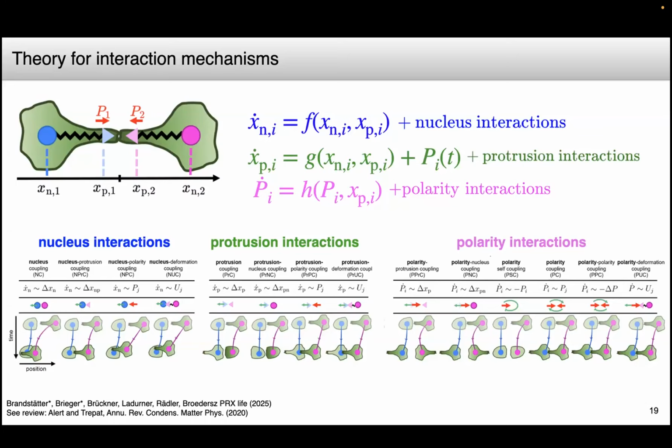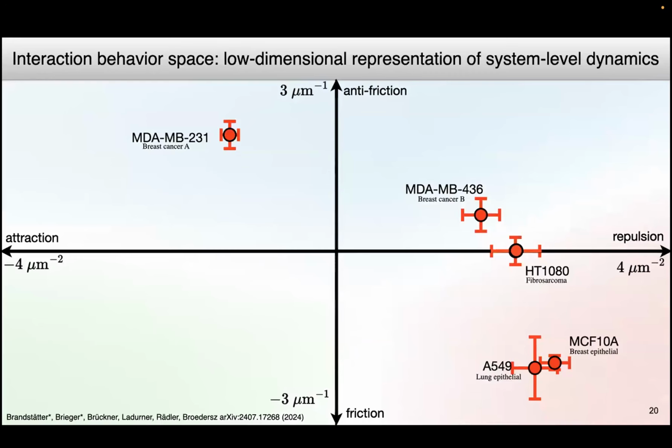So we didn't know, and we just wanted to use the data to figure out which interactions are needed to describe these interacting cells on the micropattern. So we went for a brute force approach, a statistical inference that just considers many different combinations of all these possible interaction mechanisms, and then just try to figure out which combinations are needed to capture the data.